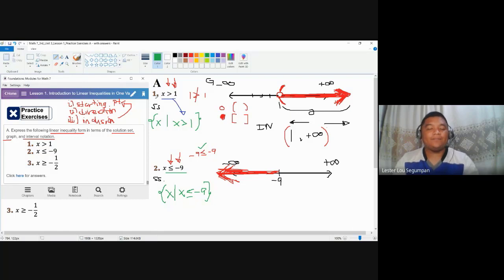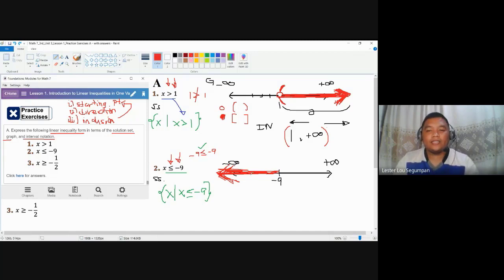Simply look at the inequality symbol. In number 1, there was no equality here. That is why 1 is not included. In number 2, there is an equality rather. Therefore, -9 is included because -9 is less than or equal to -9.